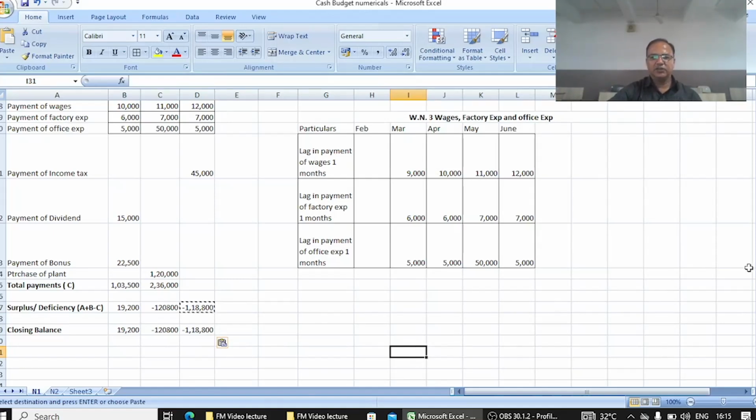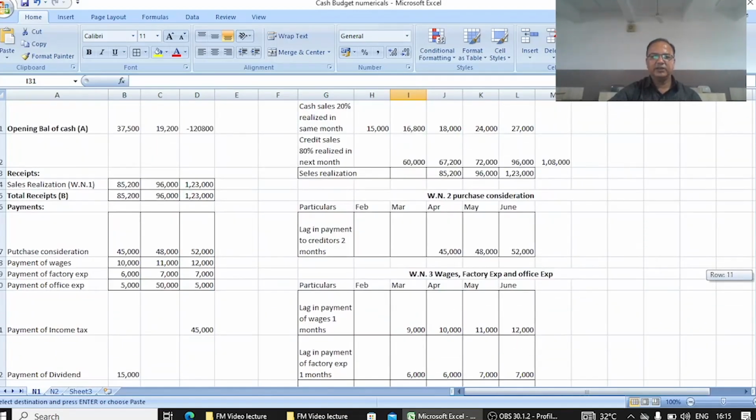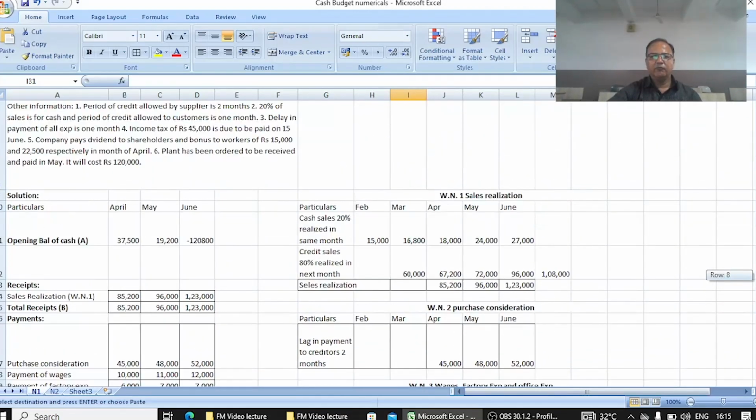So I think question is clear to all of you. What we did, simply we prepared a format. In format we have three things: opening balance of cash, total receipts B, and total payments.